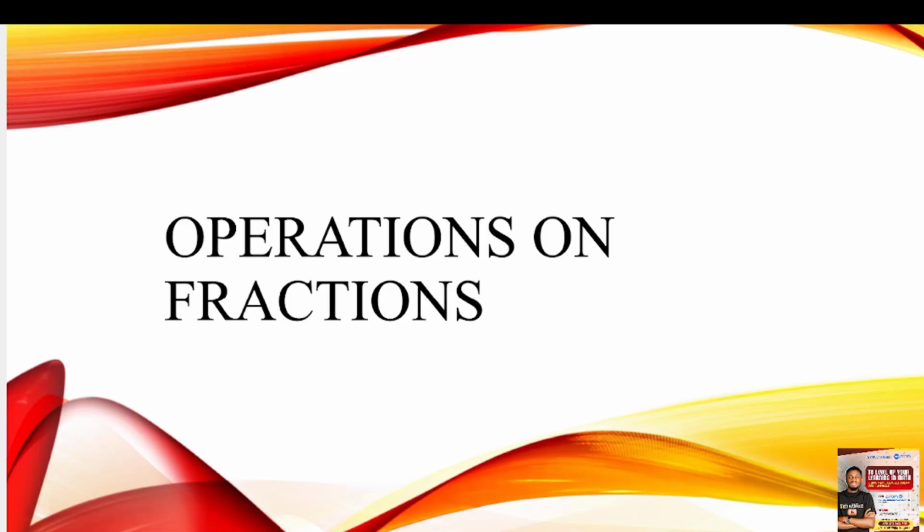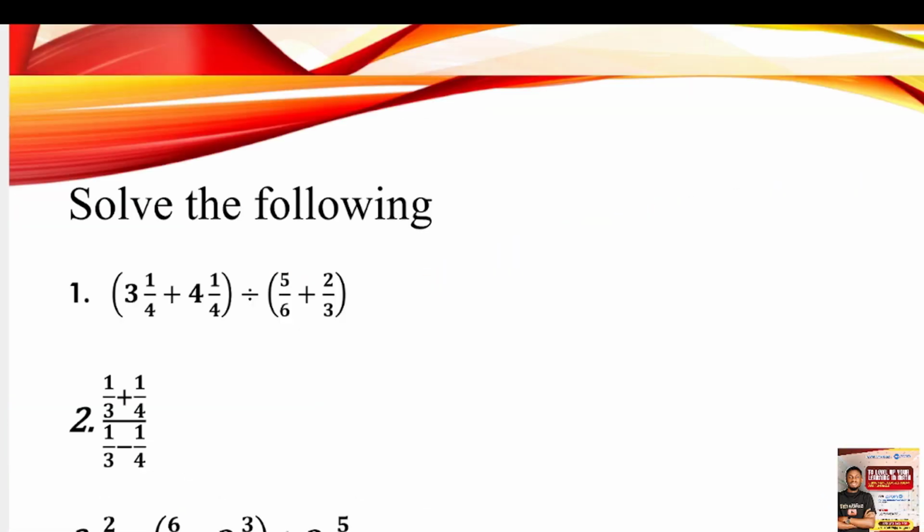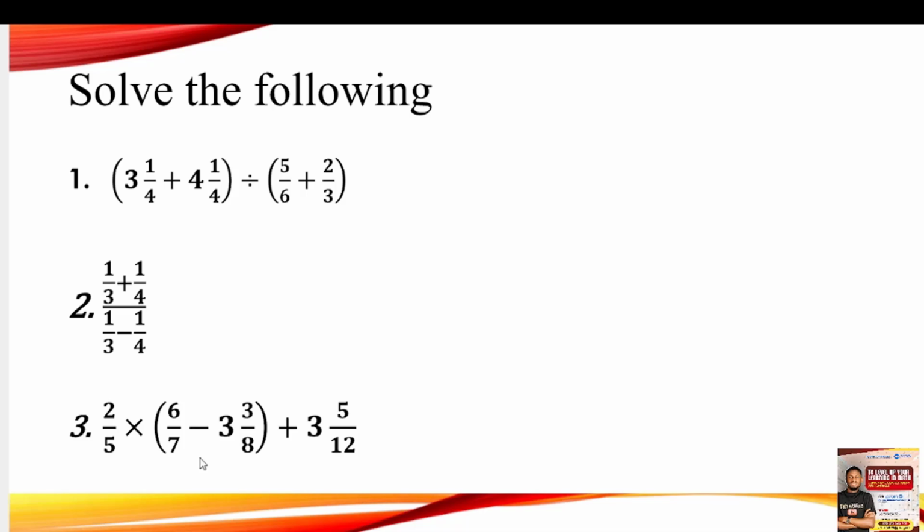Alright, so in today's tutorial, we have basic operations on fractions to solve. Now, in our first example here, we have to solve the following. With question 1, we have bracket opened 3 whole number 1 on 4 plus 4 whole number 1 on 4, bracket closed, divided by 5 on 6 plus 2 on 3.